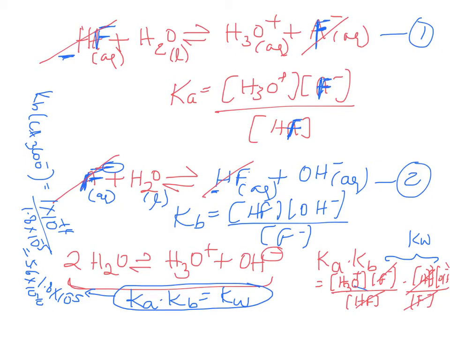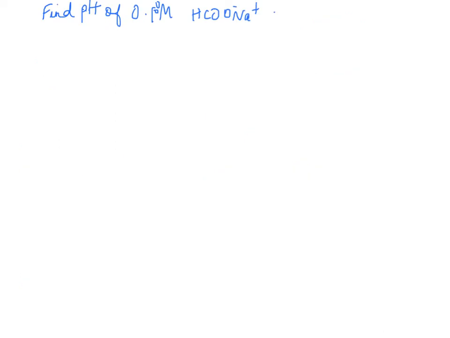And now that you know the Kb value for the acetate, if you wanted to, you could determine the pH of the solution containing the anion of that base. Let's see if we can actually apply this concept to a problem. The question is, find the pH of a 0.100 molar sodium formate solution.